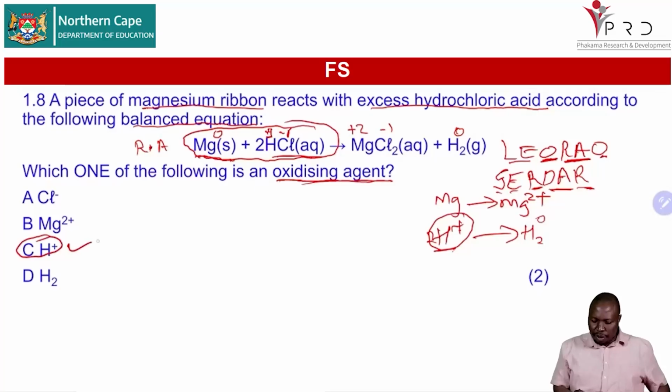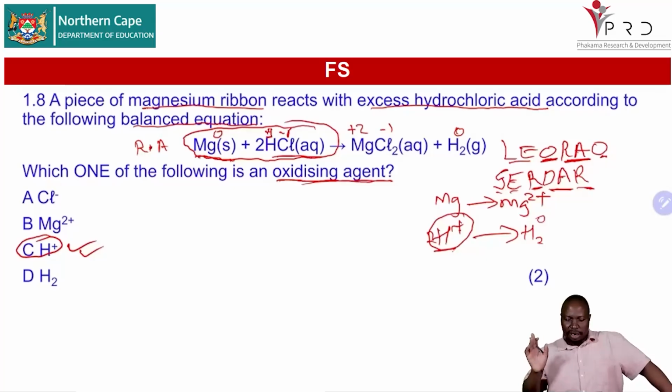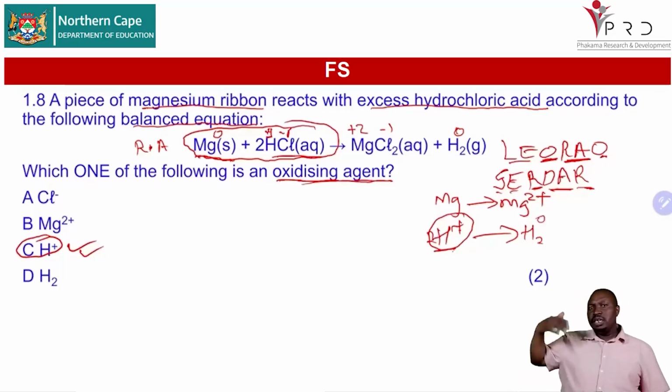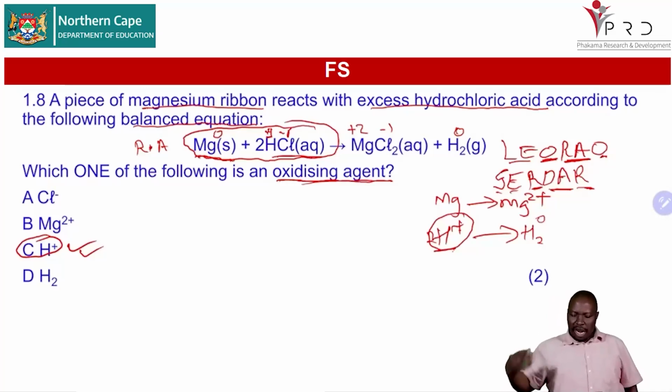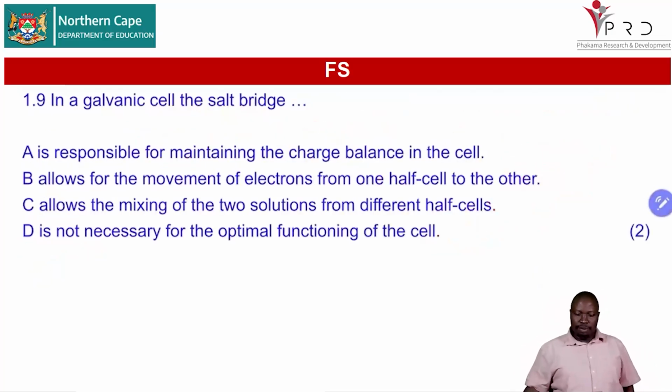So with no doubt, you are able to choose and get 2 marks to say the oxidizing agent is this one. Our oxidizing agent, you will see, is mostly positive because it is more likely to gain electrons. It has a higher ability to gain electrons than the reducing agent. So I hope you got that and you'll be able to utilize that.